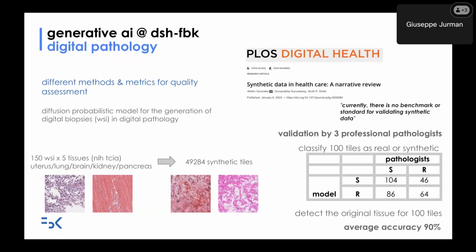This is a very famous approach for everything that concerns imaging when producing synthetic data, and pathologists were somehow unable to tell the difference between synthetic and real digital pathology biopsies, and this is a good indicator of the reliability of the generated data.